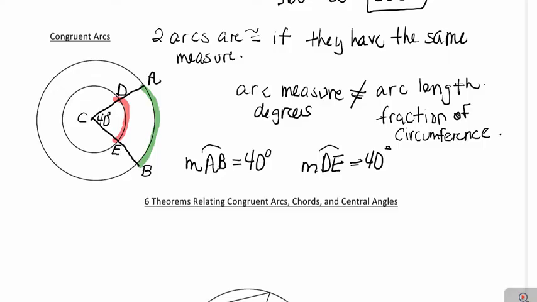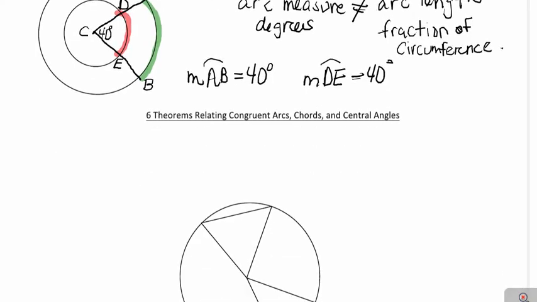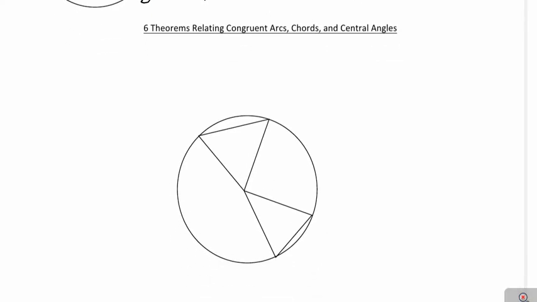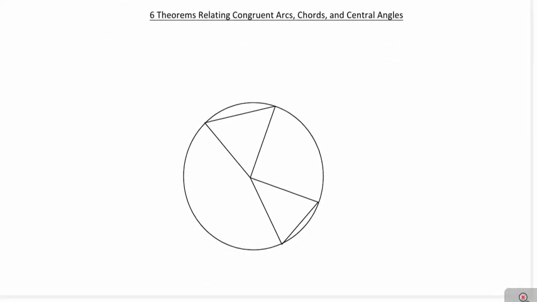Okay, moving on. The last part of this section talks about 6 theorems relating congruent chords, arcs, and central angles. So rather than having you write out these 6 separate theorems, I'm going to combine all 6 of them into one. And then we're going to talk about what it means.